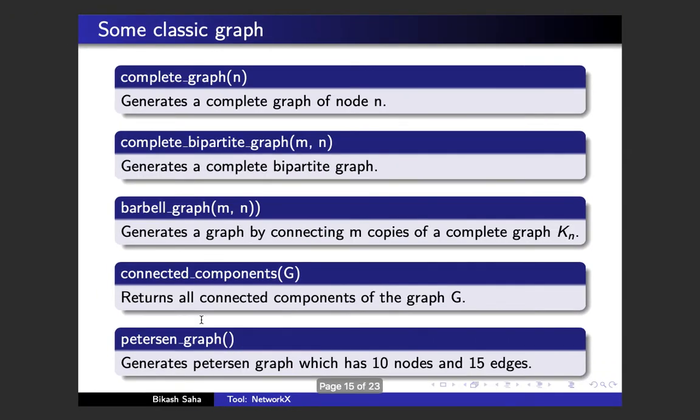Yeah, some classical graphs. We all know what is a complete graph, a complete bipartite graph, a barbell graph. To create a complete graph we just have to call the complete graph function with the number of nodes.